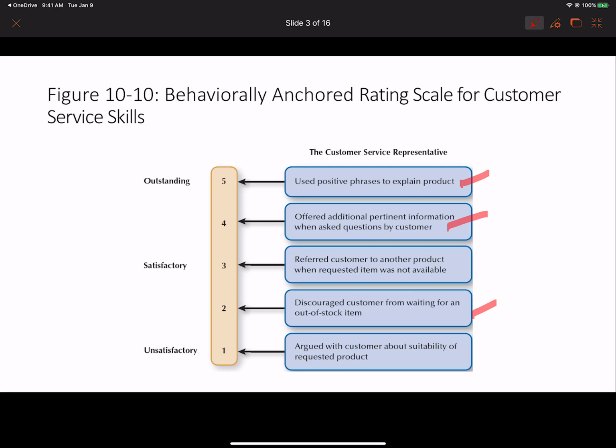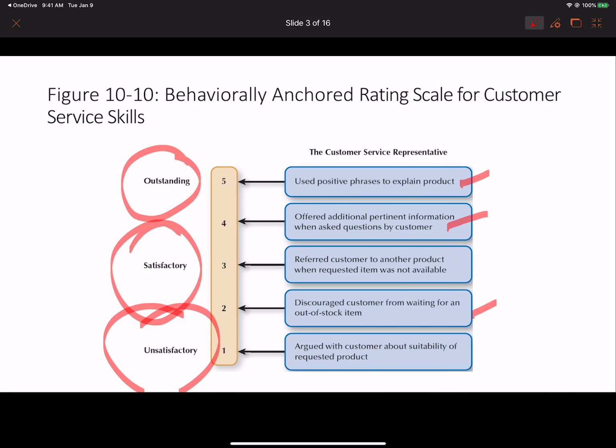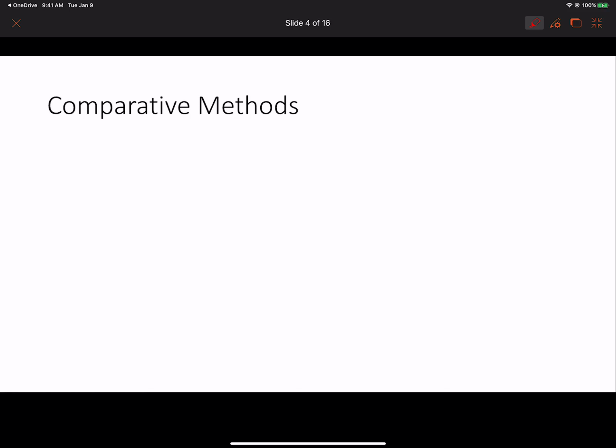Discourage customers from waiting for an out-of-stock item and so forth. So you're looking here at specific behaviors, and then you can, of course, rank them: outstanding, satisfactory, unsatisfactory, and go from there. So behaviorally anchored rating scales take a look at the specific behaviors that are important for that job, and then you rate them from there.